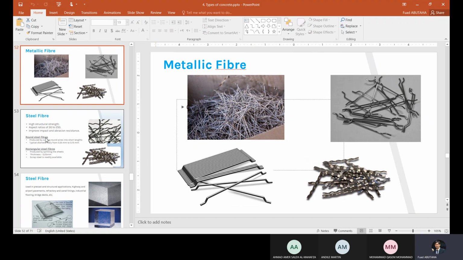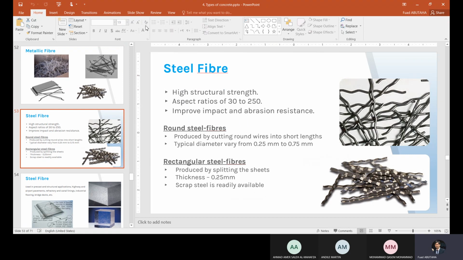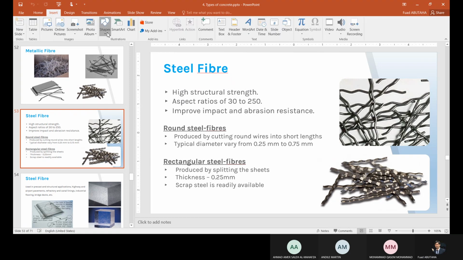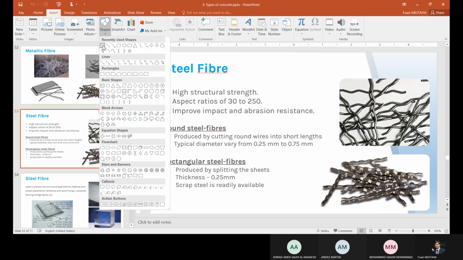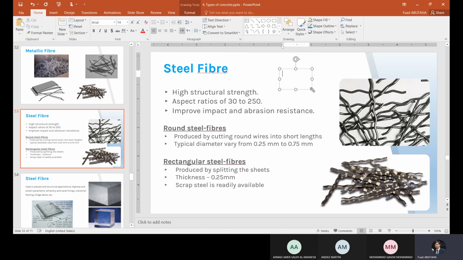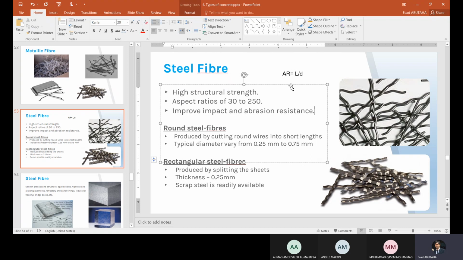So aspect ratio we can define as the length of the fiber itself divided by the diameter.